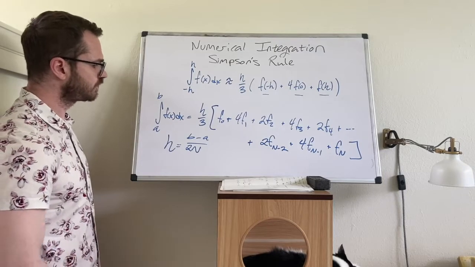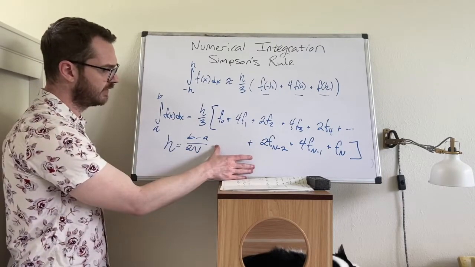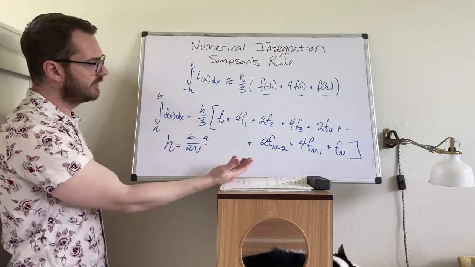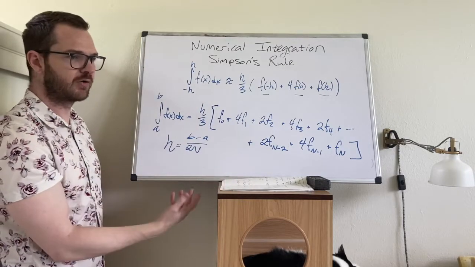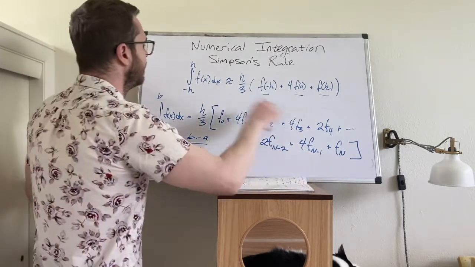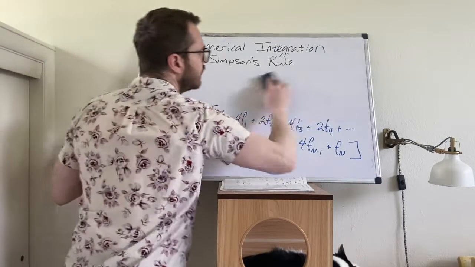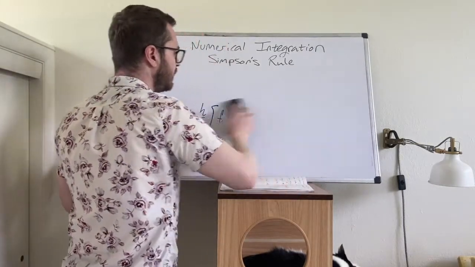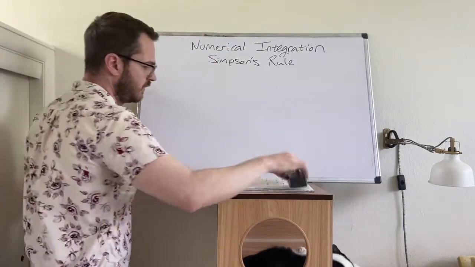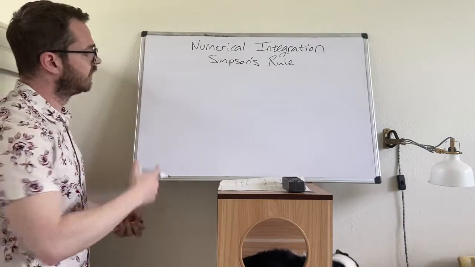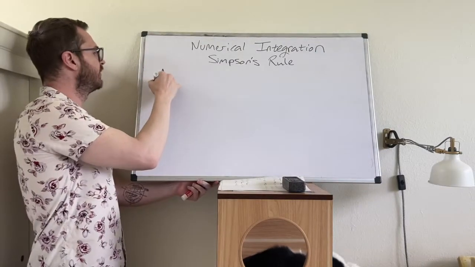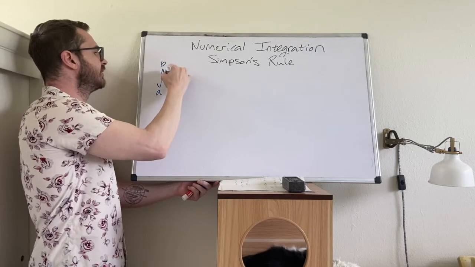Okay. We have this. Can we clean this up just a little bit more to make the algorithm easier? Sure. Let me erase. Okay. Same equation. All I'm doing now is cleaning it up just a little.